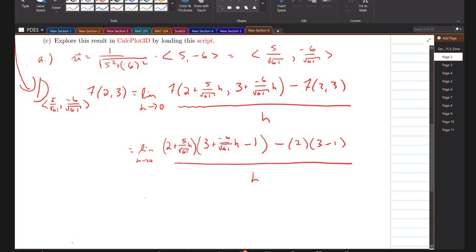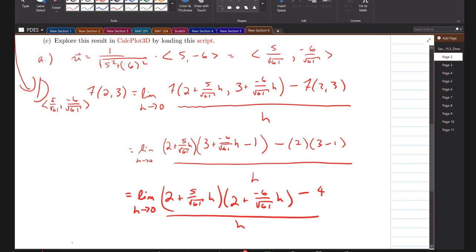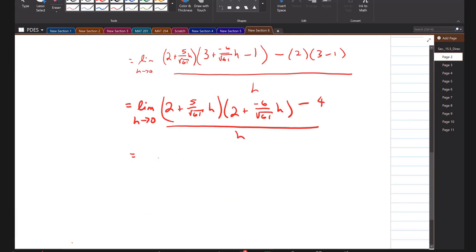So now we're going to continue with this limit. We've got the limit as h approaches 0, and if I FOIL this out, it would be 2 plus 5 over the square root of 61 h, times 2 plus negative 6 over the square root of 61 h, and then this whole thing is minus 4, all over h. So we've got the limit as h approaches 0 of, and I'm going to FOIL this out.